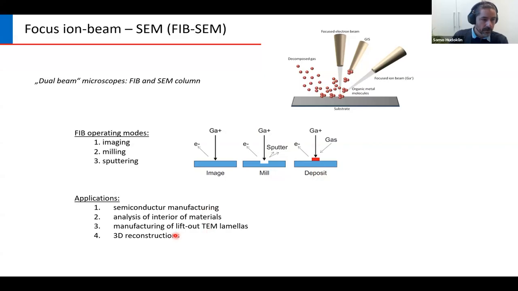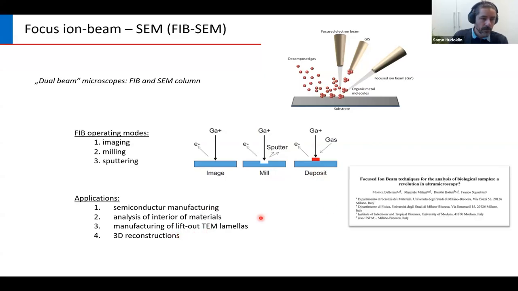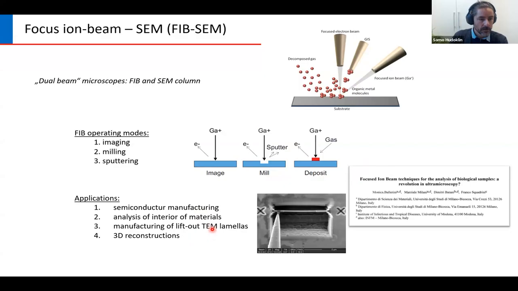So focused ion beam in life sciences started in the late 90s, and now it's used for all kinds of 3D reconstructions and very frequently also for TEM lamella lift-out preparation.